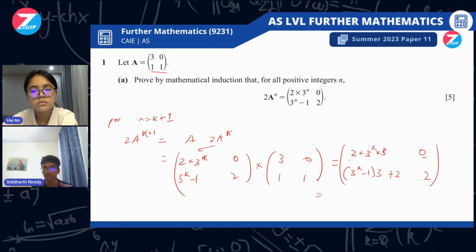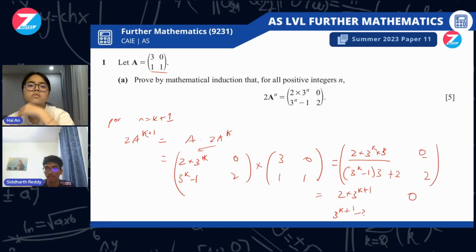So here what we get is (2 times 3 to the power k plus 1, 0; 3 to the power k plus 1 minus 3 plus 2, 2). 3 into 3 to the power k is just 3 to the power k plus 1, and minus 3 plus 2 just becomes minus 1.